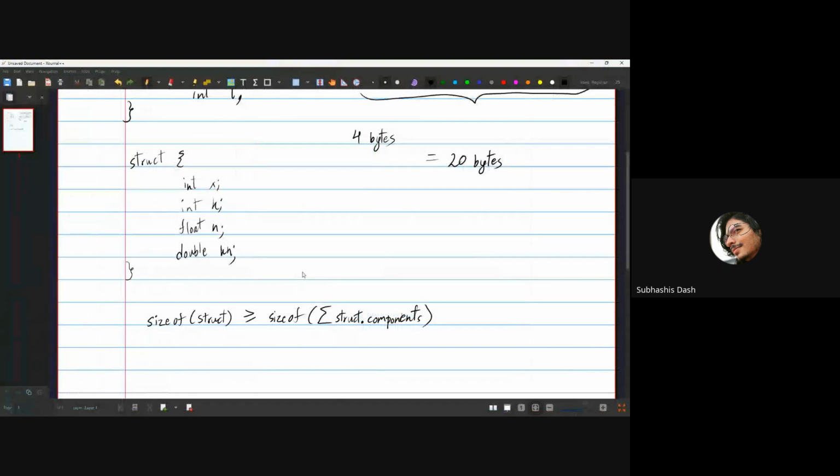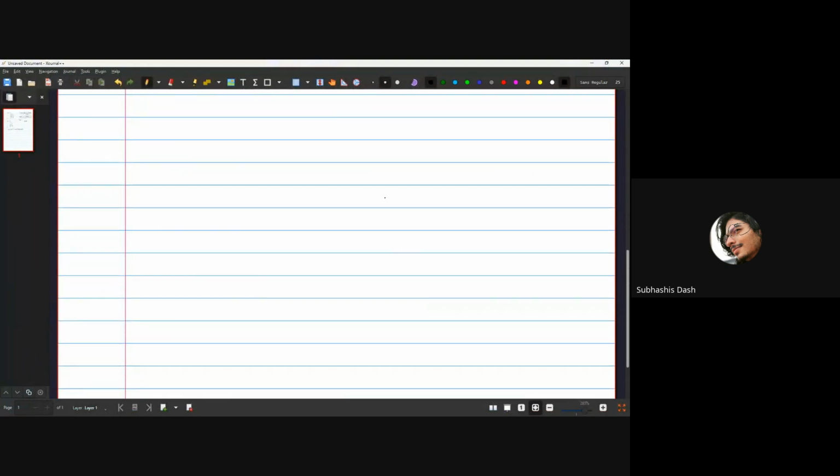A nested struct essentially is like, let's say the struct's name is points, and inside this you have an int x, int y, but then you also have a points next.